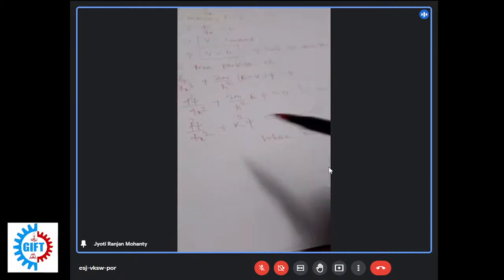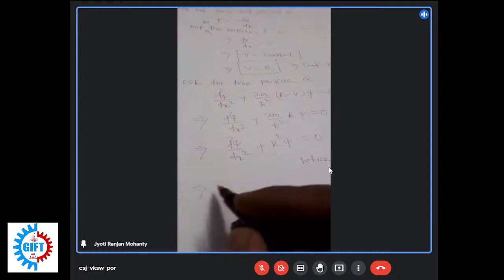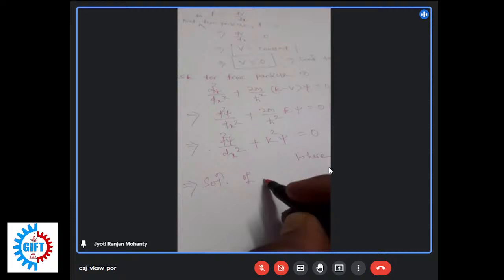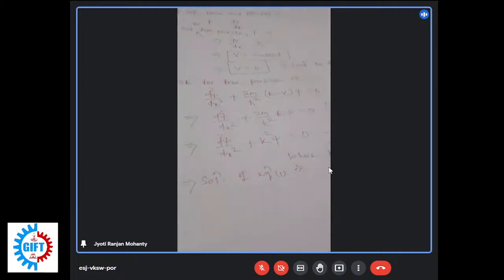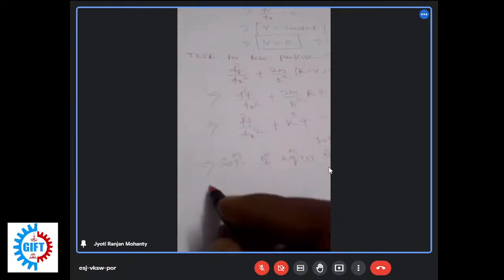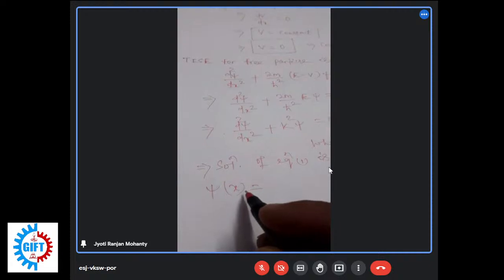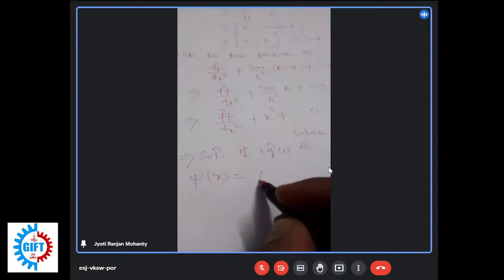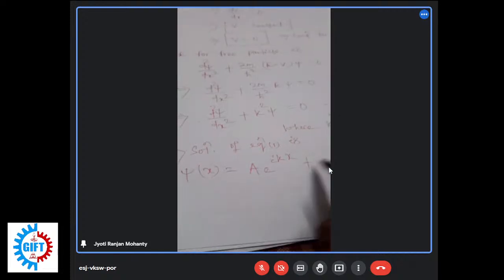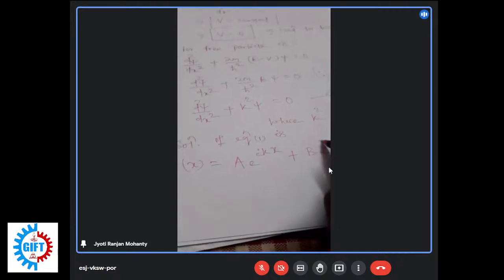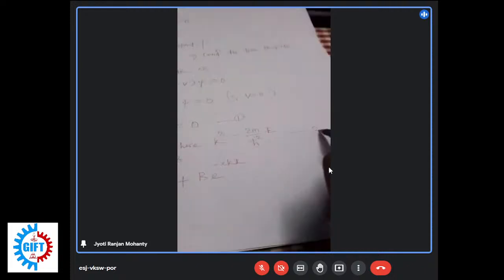So the solution of equation 1 is psi of x is equal to A e to the power i kx plus B e to the power minus i kx. This is equation number 2.